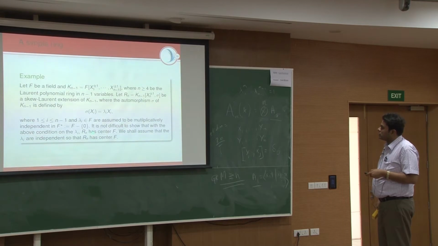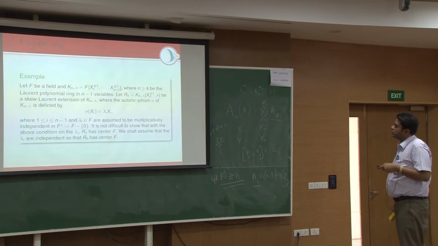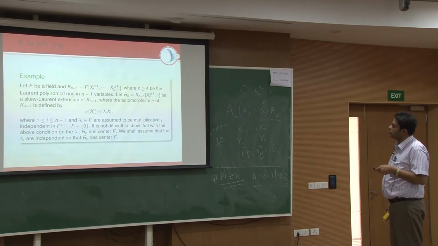In that case, we can ensure that this ring R_n, which is a skew-Laurent extension, has center equal to F. And it's also simple. So this is an example of a simple ring. K_{n-1} itself is not simple, but R_n is simple.